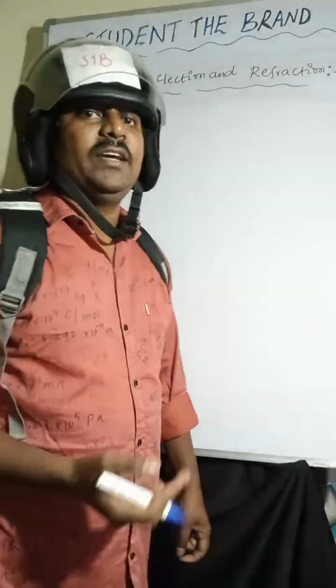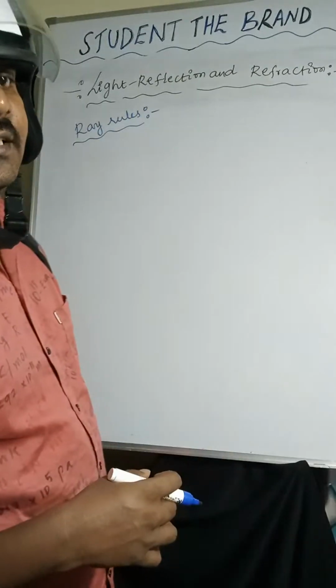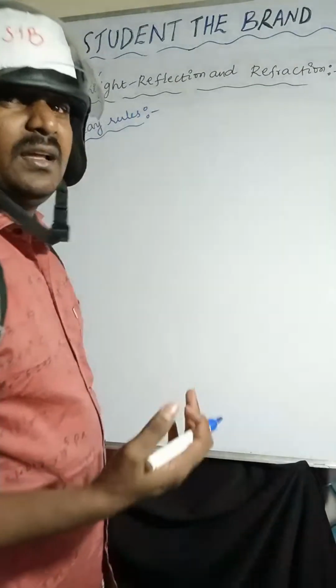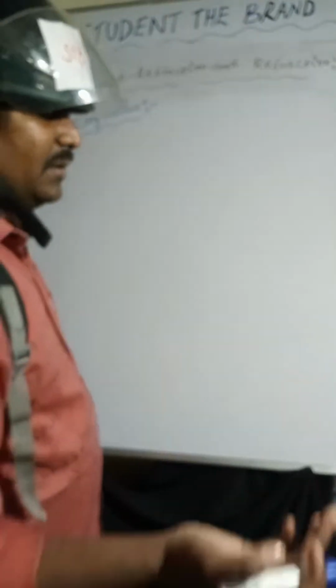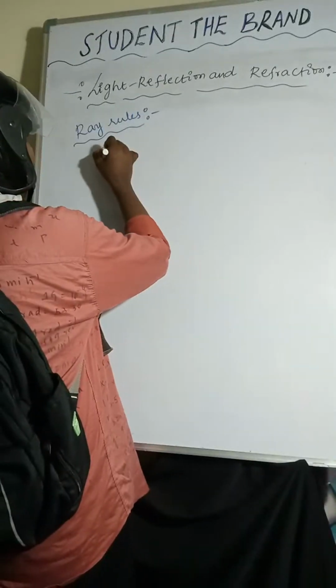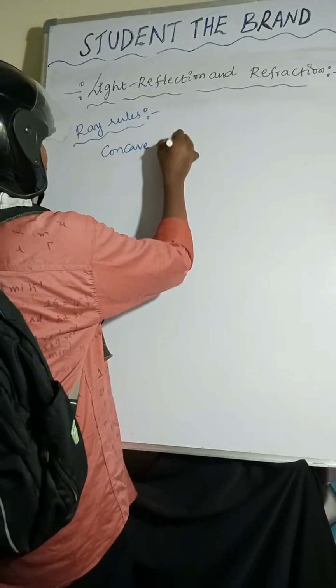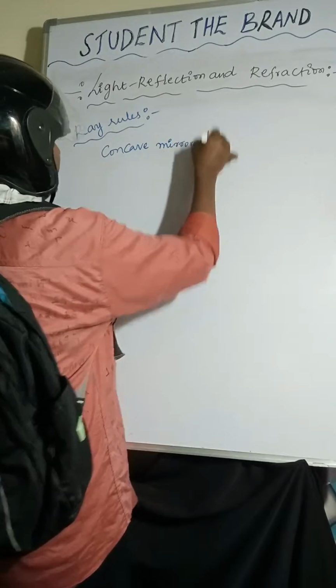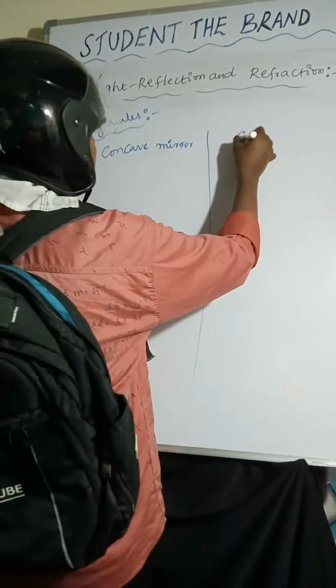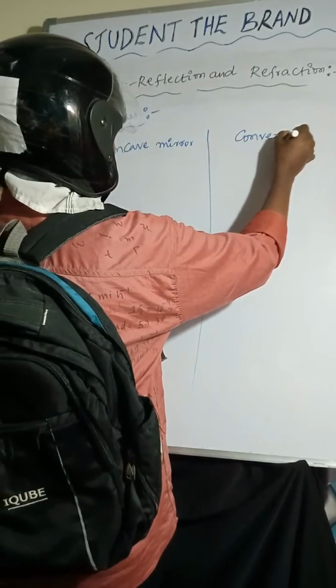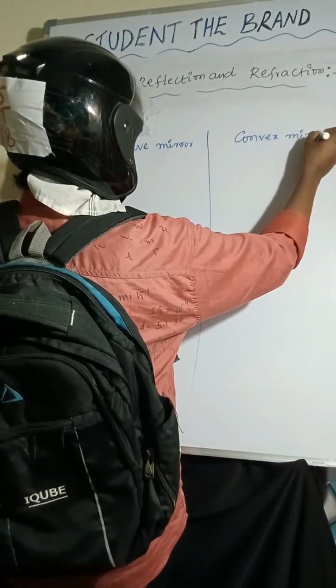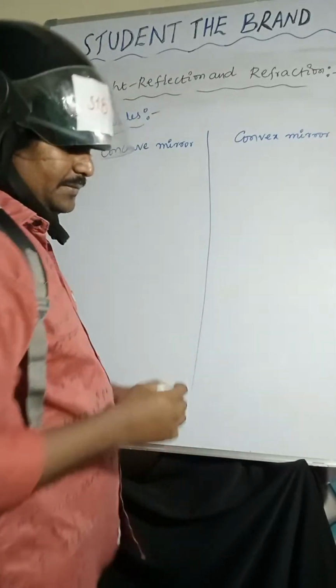Concave mirror and convex mirror, two mirrors, ray rules we'll discuss. They are similar only. If you know the concave mirror, we can get to know the convex mirror. So concave mirror, next one convex mirror.